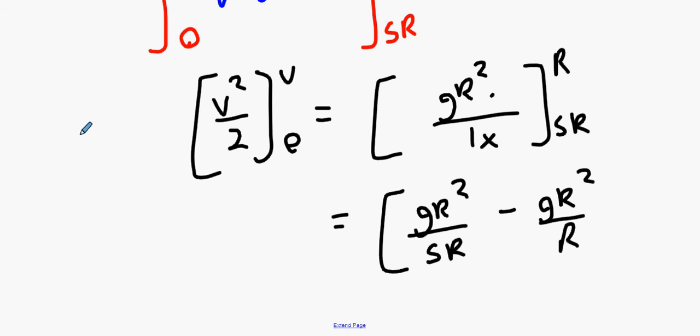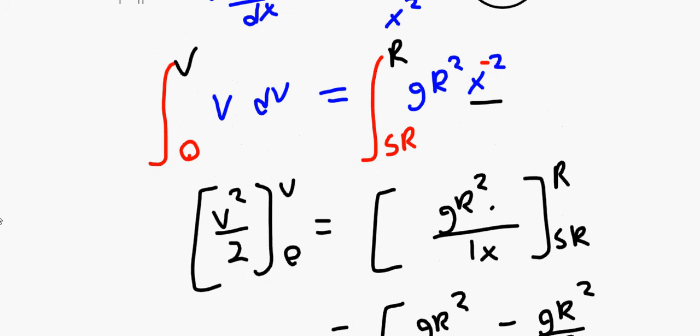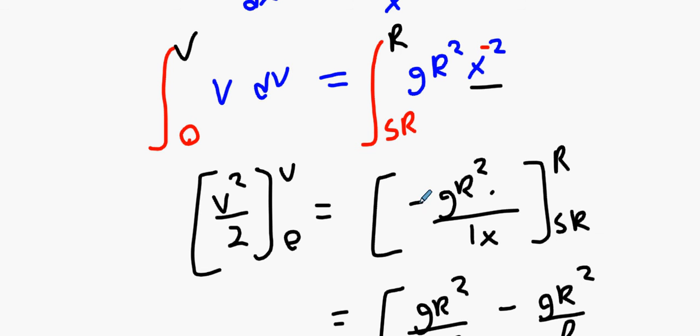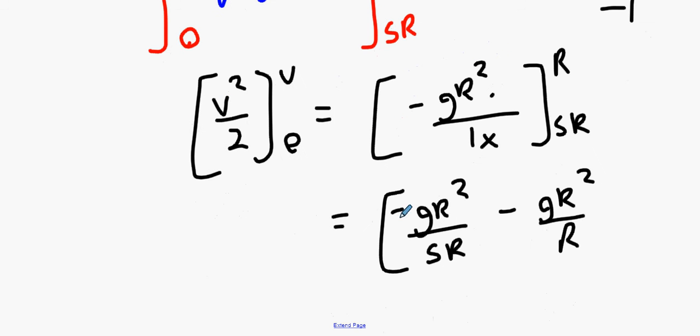It wasn't negative already. No, sorry, my bad. So, thanks, Connor. So it was x to the minus 1 over minus 1 multiplied by the original positive number. Thank you. So it's minus g r squared over x. Quick fix there. That turns into a minus and that one turns into a plus.